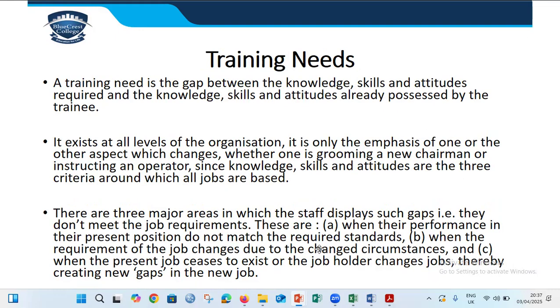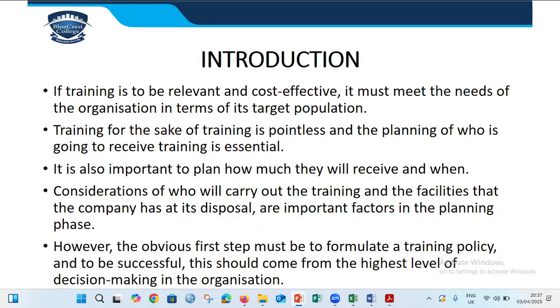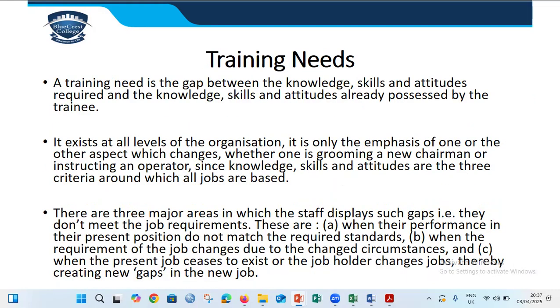So what then are training needs? If we say training needs refer to the gaps, or a training need is the gap between the knowledge, skills and attitude required against the knowledge, skills and attitude already possessed by the trainee.